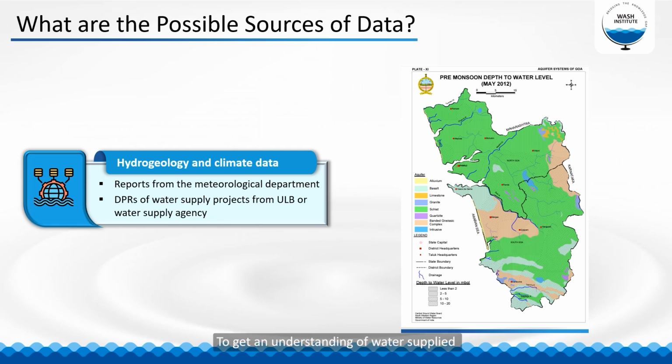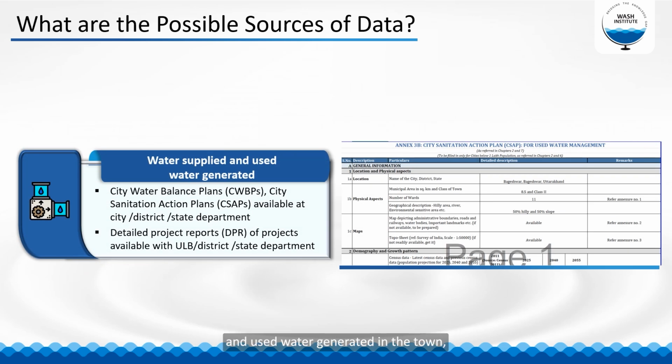To get an understanding of water supplied and used water generated in the town, one can go through the City Water Balance Plan, City Sanitation Action Plan, or detailed project reports of implemented projects. These documents can be sourced from urban local bodies or state parastatals like water and sewerage boards.